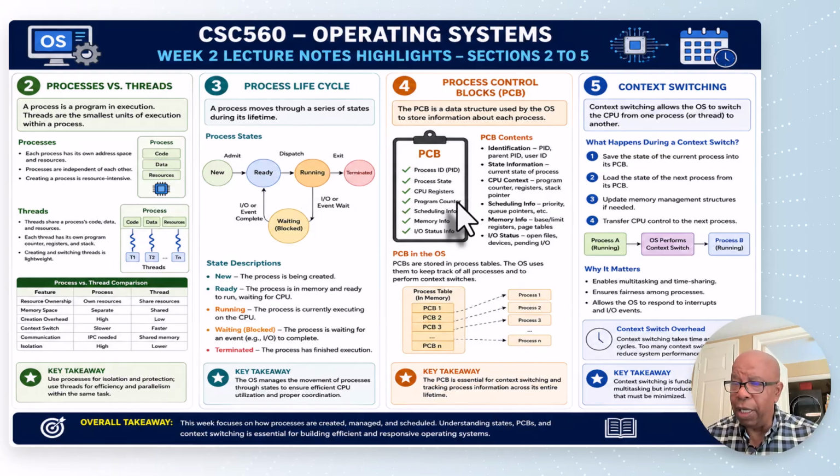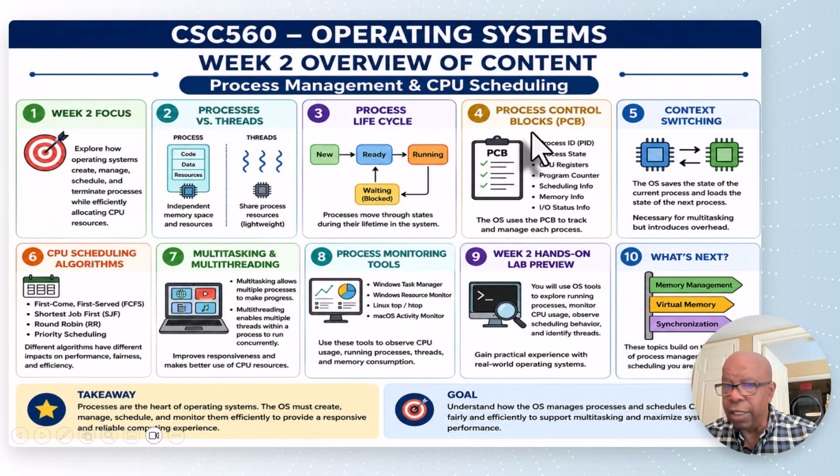Anything related to the process is in the process control block. So if a process goes into a wait state, the process control block is updated. If a process starts, it adds it to the process control block. All this information is basically kept in that particular entity.